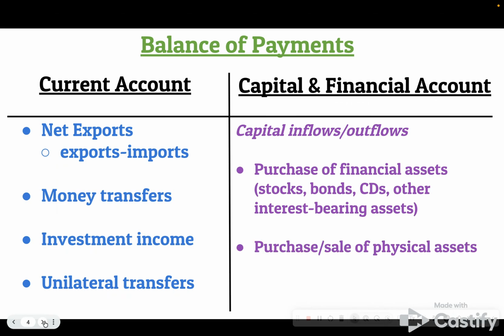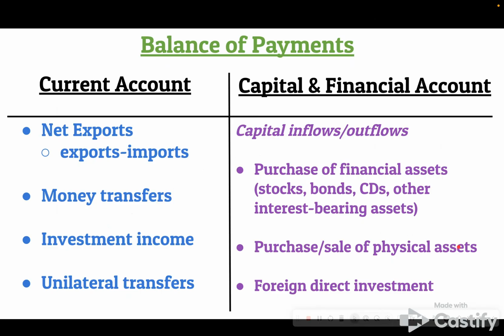Another example would be the purchase or sale of physical assets. So if I was a business person that went to another nation and said, I'm going to buy this shopping mall, that's a physical asset. And then when I earn money off of it, I'm going to earn my investment income off of that physical asset.